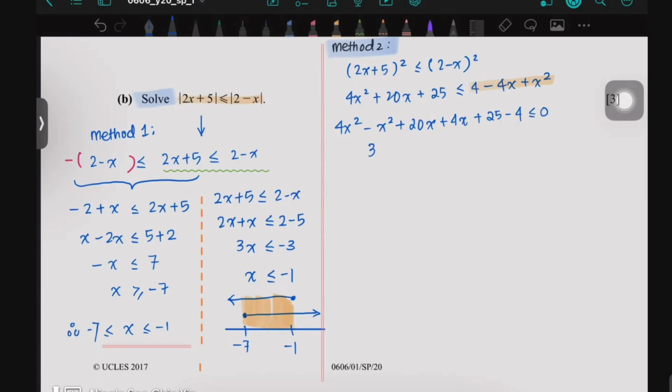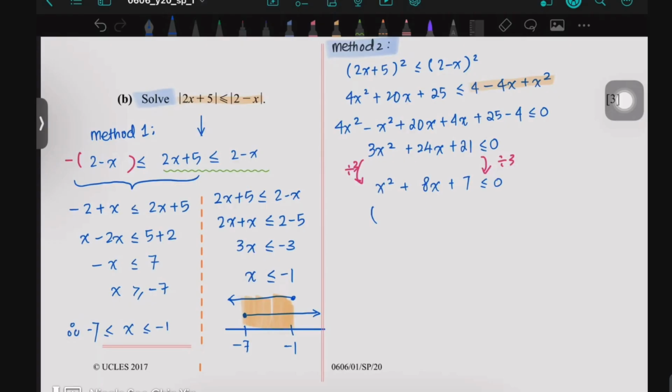So I will have 3x squared plus 24x plus 21 less than or equal to 0. So I'm going to divide everything by 3 before I factorize, so I get x squared plus 8x plus 7 less than or equal to 0.